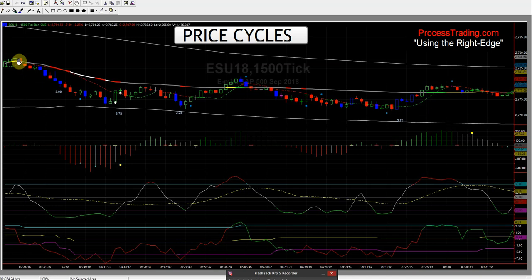Then price dropped below the support and resistance, and then a price cycle bar came in below the stop exit line. And that's a clear indication that at that point, the price is going to start in a downward part of the cycle.